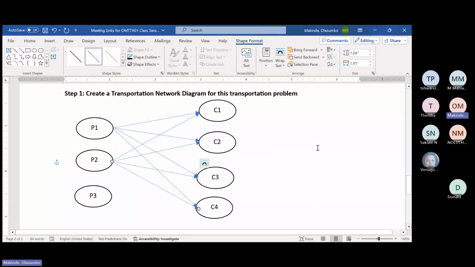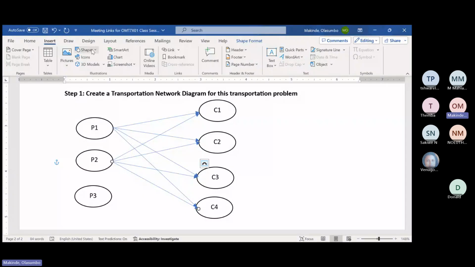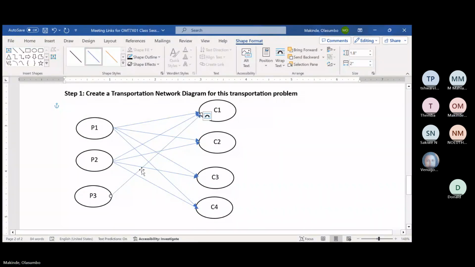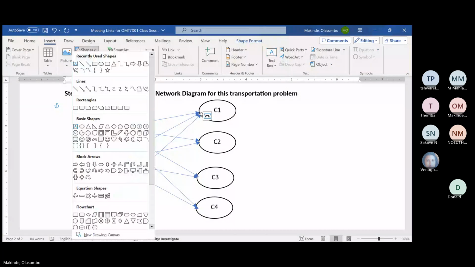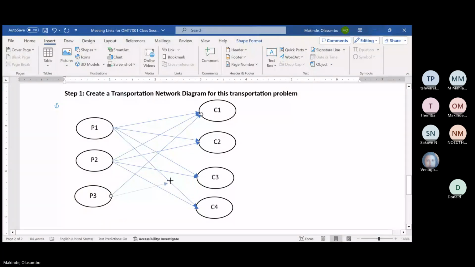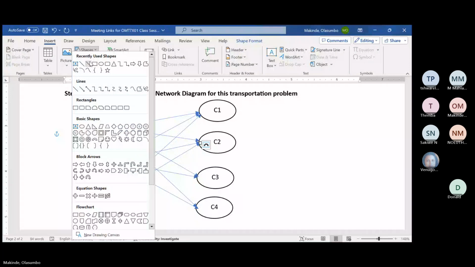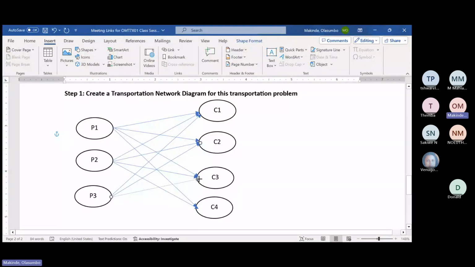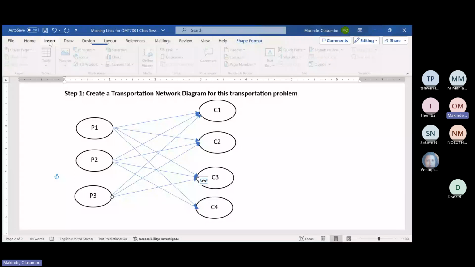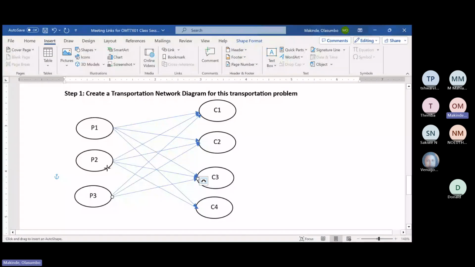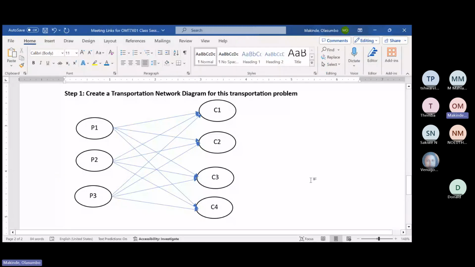Then the next one quickly, insert. P3 can supply city 1 or city 2 or city 3 or city 4. And that is my final network. That's the first step.